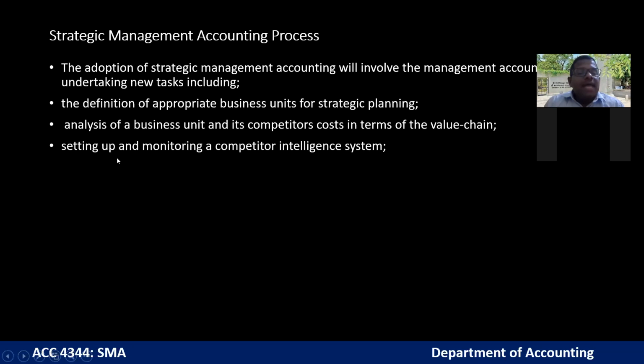Then you have to understand setting up and monitoring a competitors' intelligence system. Likewise, government has an intelligence unit. As a businessman, we should have a monitoring intelligence system, or whatever the data collection and analysis about our competitors.